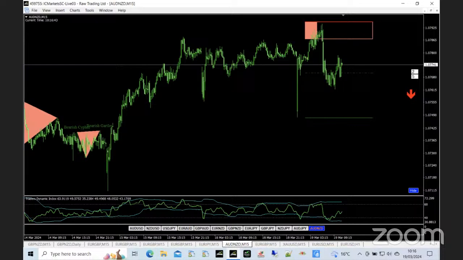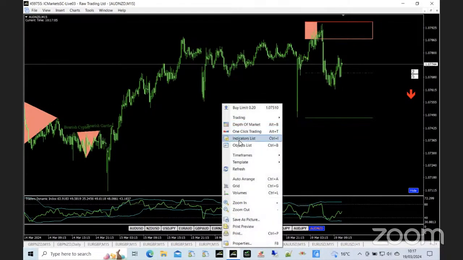Any other questions, guys? But can still see the rest of the pairs. No, I didn't change it on my chart, but I showed you how you can change it. For example, let me do it in front of you so it will be clear. One second.